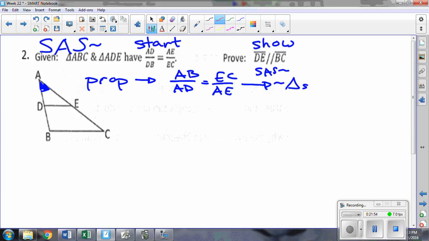Once we have those similar triangles, well, the definition of similar triangles tells us that your corresponding angles are congruent. The matching angles will be the same. But we also observed in an earlier unit that corresponding angles being congruent forces these lines to be parallel.